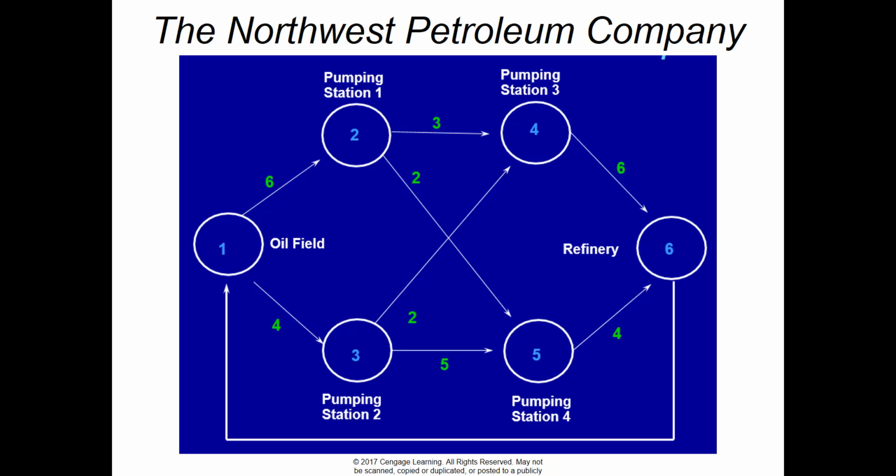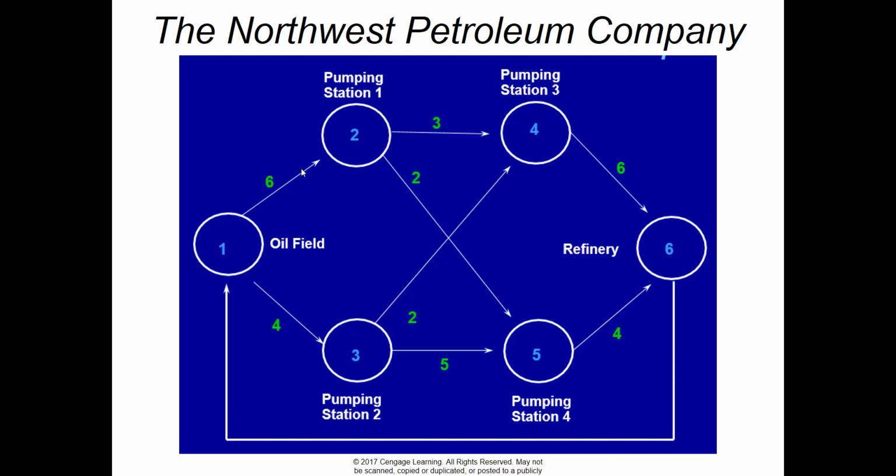And then we have, for example, station 2. So the inflow of station 2 is x12 minus x34, and x24 minus x25 is 0. So this is a constraint that satisfies the inflow and outflow of the pumping station.